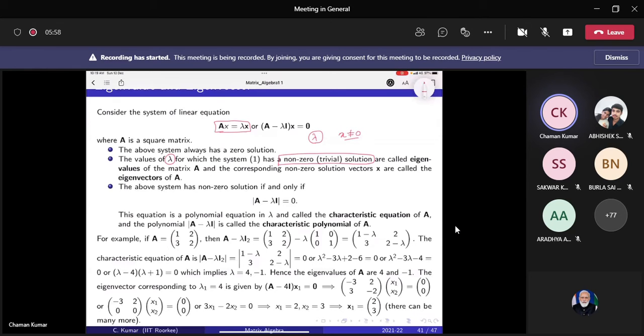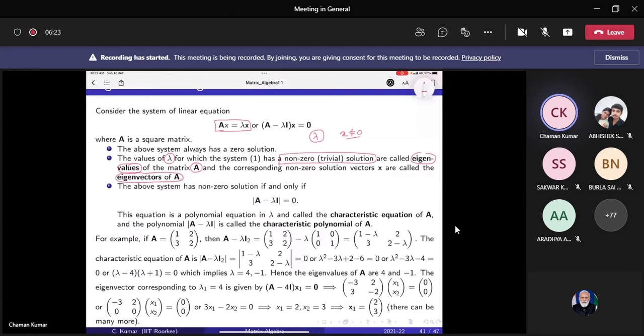You have a solution of this system of equation which is not equal to 0. These values of lambda is known as eigenvalues of the matrix A. And the corresponding vectors or the corresponding solution that you obtain is known as the eigenvectors of A.